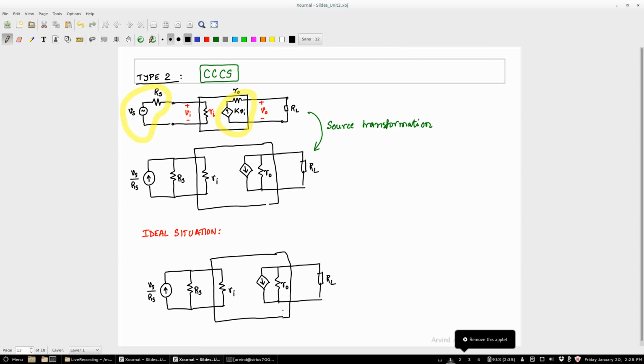If this is an ideal current source, right, what should Ri be? So the ideal one would be that Ri is 0. If I take the situation of Ri being 0, okay, then all the current that is flowing from this will go in here, correct?